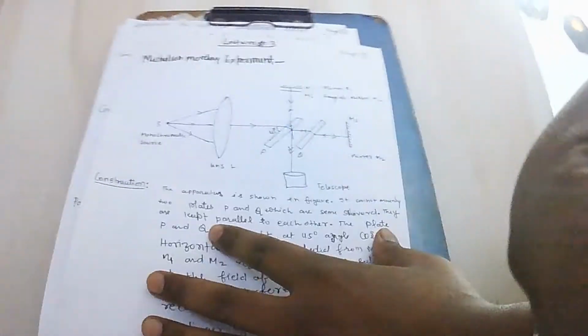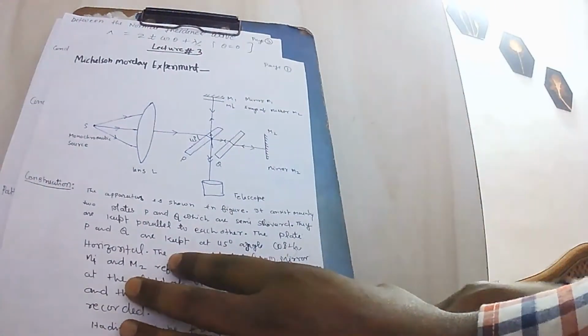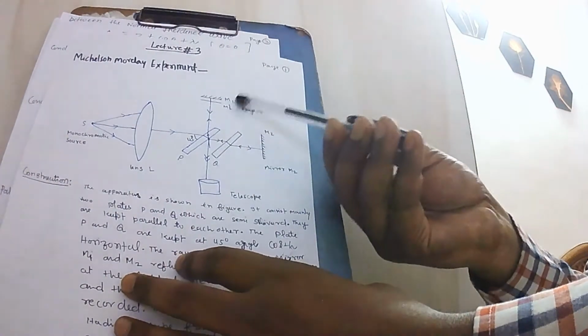experiment? Basically, this t is not the thickness of the plate here, but the thickness between the mirror M1 and M2 prime.